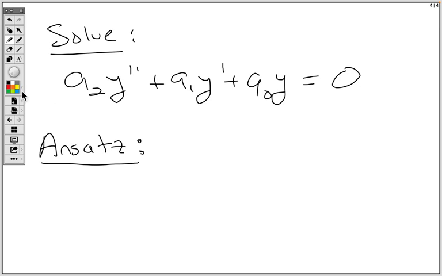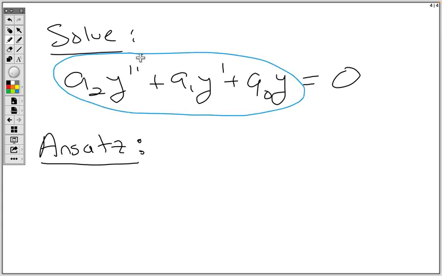If we think about what kinds of functions are going to behave this way, you're basically taking a linear combination of a function and its derivatives and getting 0. So as you take derivatives, the function really isn't changing much.